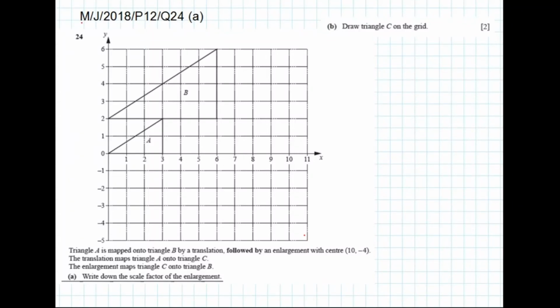Next question is May-June 2018 paper 1-2 question number 24 part A. Triangle A is mapped onto triangle B by a translation followed by an enlargement with center (10, minus 4). The translation maps triangle A onto triangle C. The enlargement maps triangle C onto B. Write down the scale factor of the enlargement.